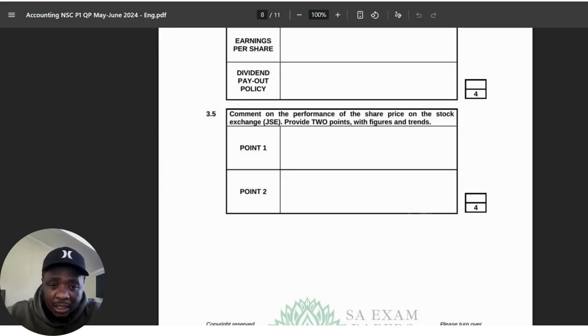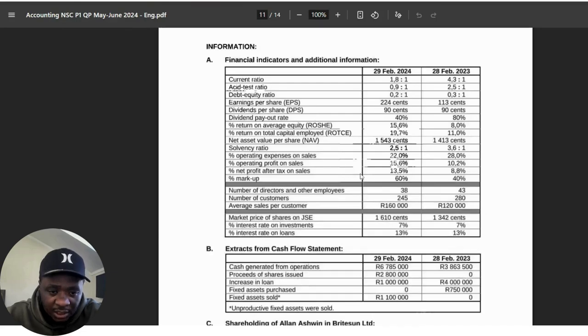So let's start with the market price of the shares to see how the shares are currently trading. So the shares, as listed on the JSE, you can see that the market price improved from 1,342 cents to 1,610 cents.